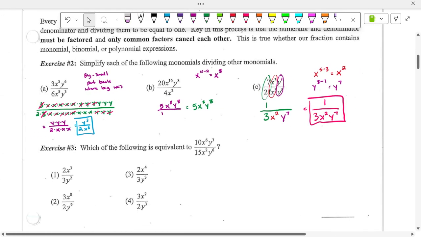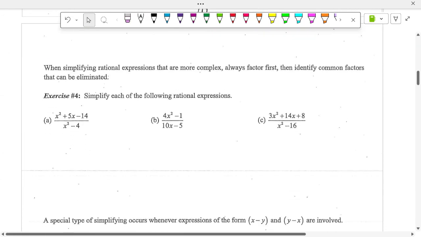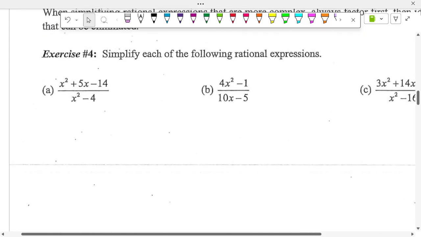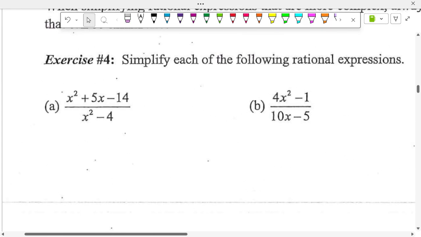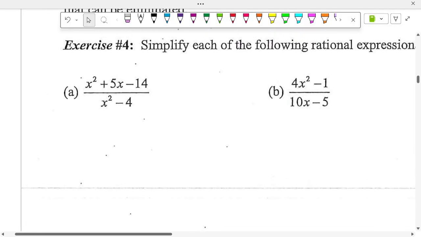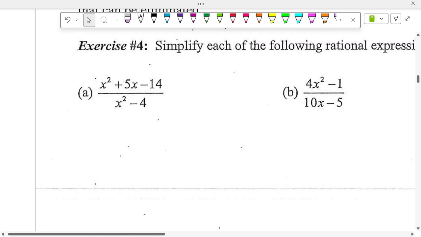All right, let's look at simplifying ones where we got to do some more factoring. So I'm looking at the next page, letter A. So the first thing that we have to do is factor both the numerator and the denominator in order to be able to cross stuff out.